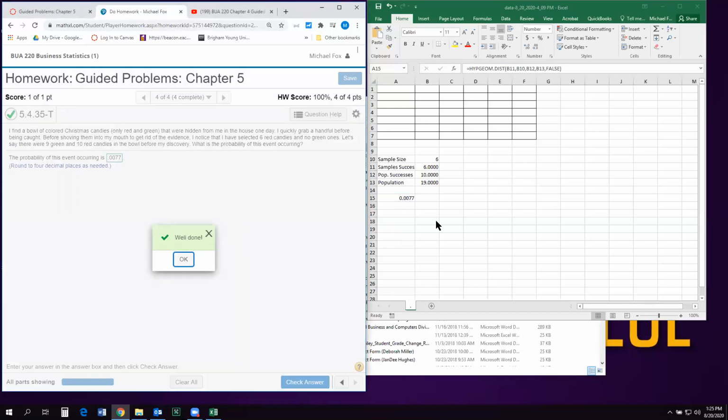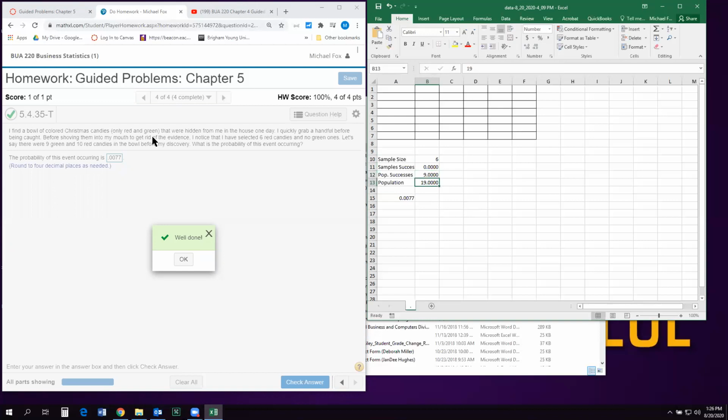All right, and just so you know, remember I said that we decided that grabbing 6 red candies was a success. We could switch this around, okay? And we could say, no, grabbing a green candy is a success. Then we would say, hey, our sample size is still 6. That's how many we grabbed, but we had 0 successes out of that 6, right? Because we didn't get any green ones. And our population successes would be the number of greens in the population, which is 9.